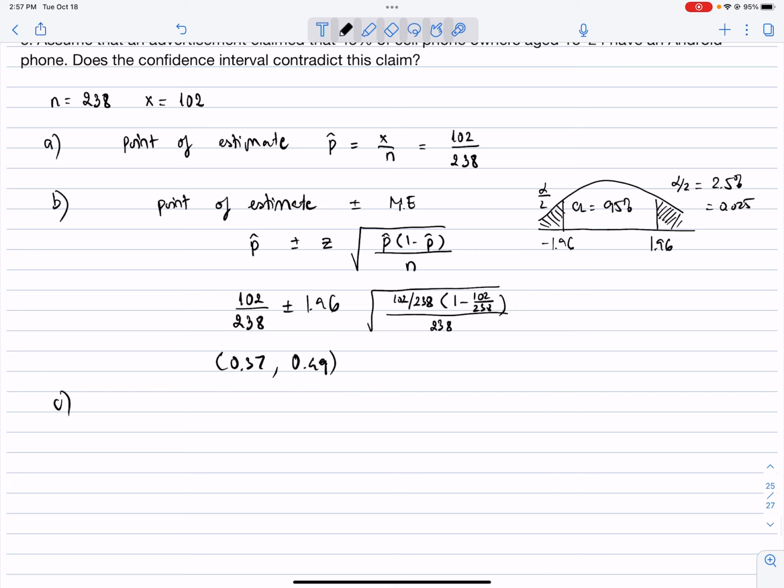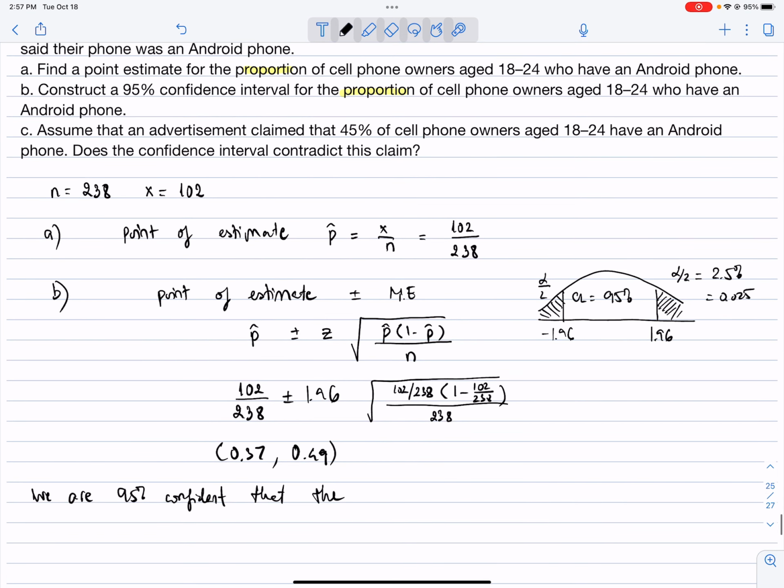Before we answer part C, let's answer properly in words that we are 95% confident that the proportion of cell phone owners, you will copy this, the proportion of the cell phone owners aged from 18 to 24 who have an Android phone is between 0.37 and 0.49.